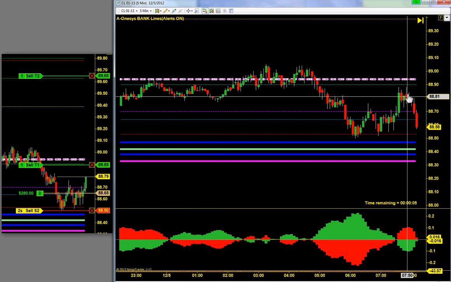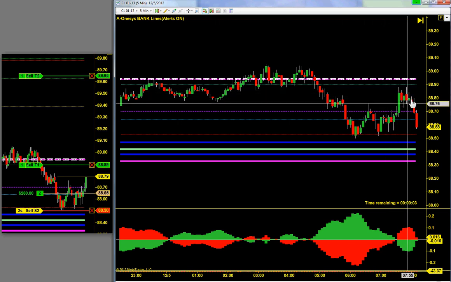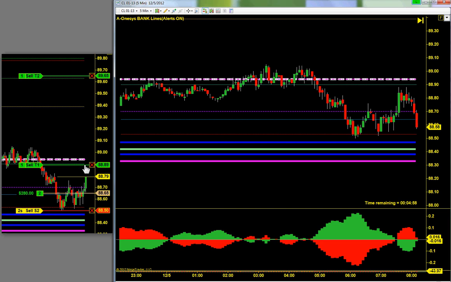Now it's building momentum while it's dropping. Okay, so now see, there is a big decline here and a big decline here. Now guess what?